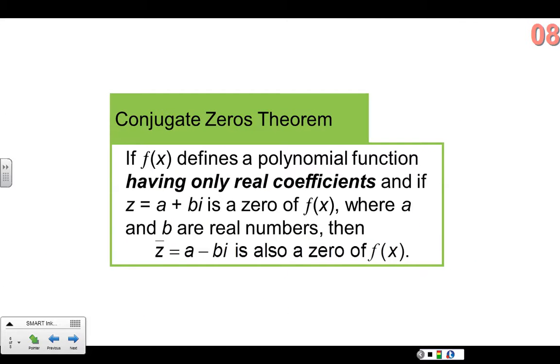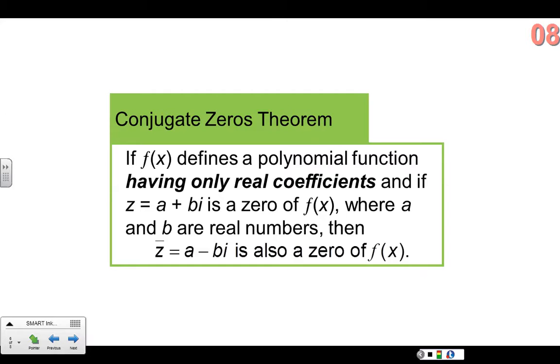Conjugate zeros theorem. If f of x defines a polynomial function having only real coefficients, and if z equals a plus bi is a zero of f of x, where a and b are real numbers, then the conjugate of z is also a zero.